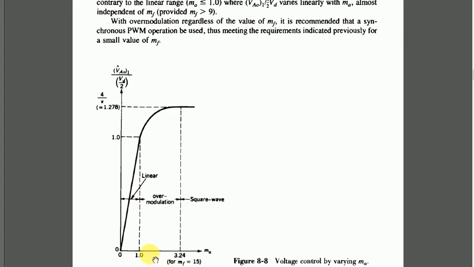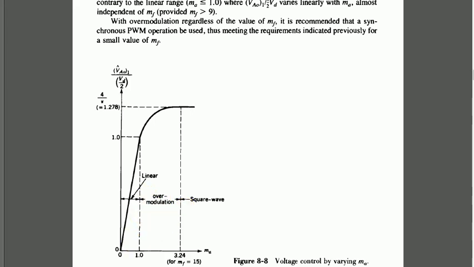But beyond this range, the relationship is no more linear, and it may have different values at different points. After reaching a very high value of amplitude modulation ratio, approximately 3.24, this turns out to be a square wave representation at the output. So basically from a pulse width modulated waveform, it turns into a square wave switching representation for a very large value of MA.